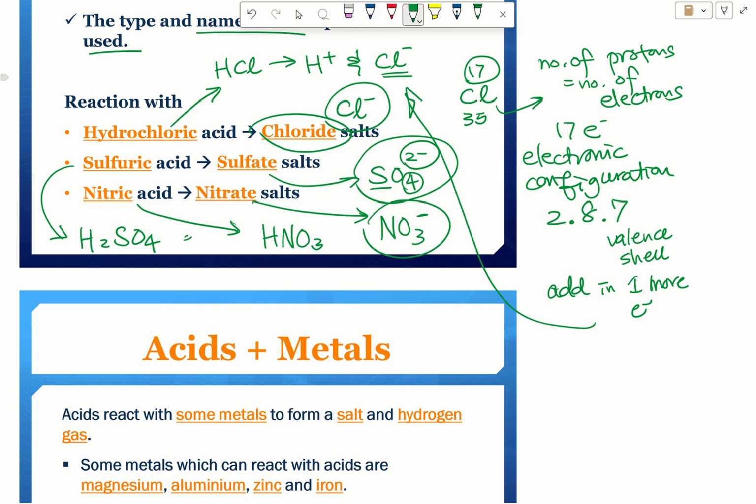Notice how I read it: I read out the elements first, then the number of atoms that it has, followed by the charge. So nitrate will be NO3 minus, and sulfate will be SO4 2 minus.